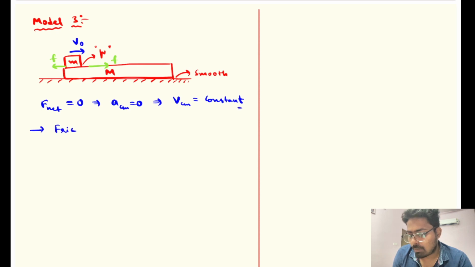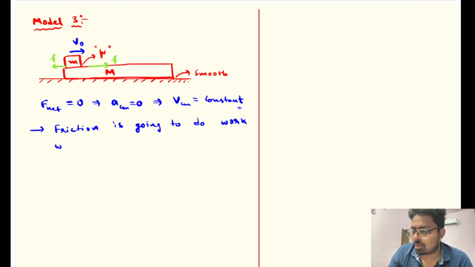Friction is going to do work till relative motion exists.